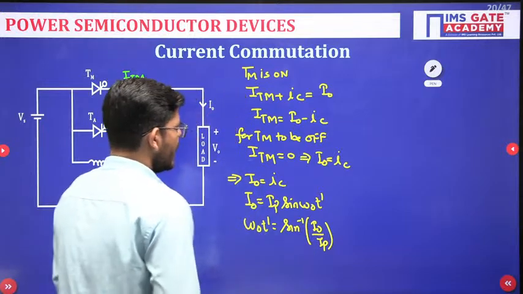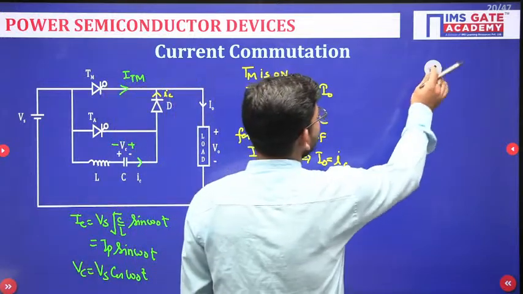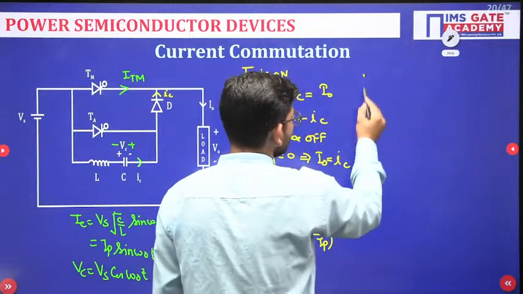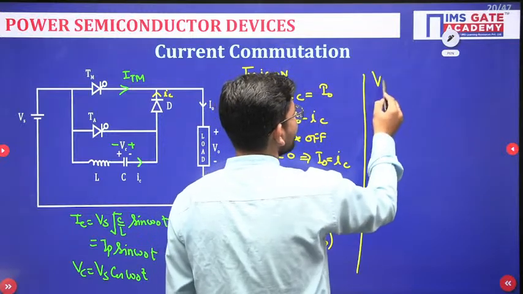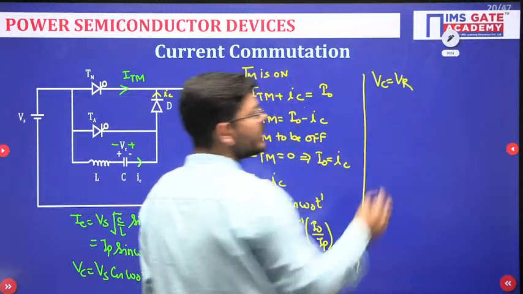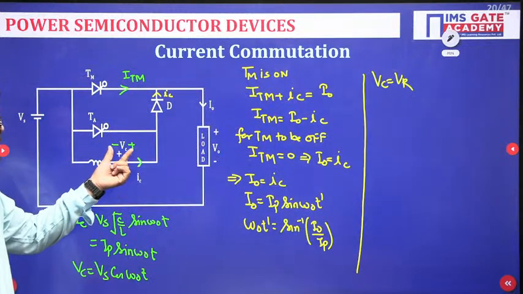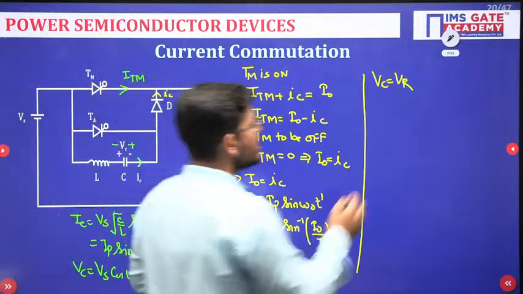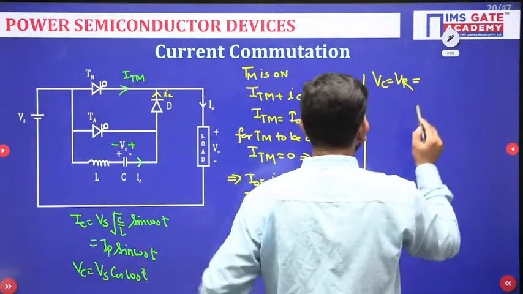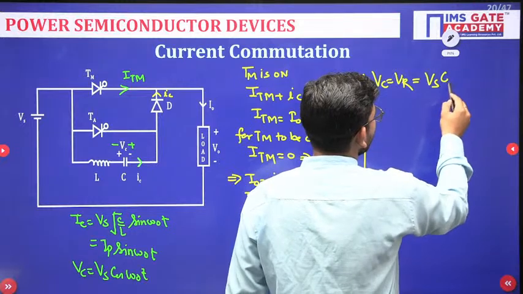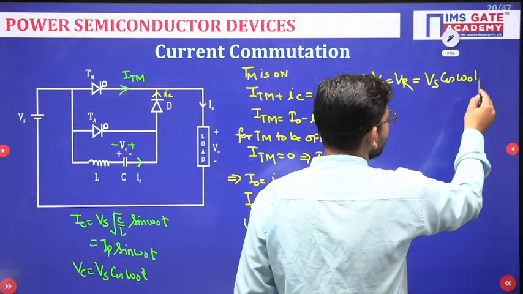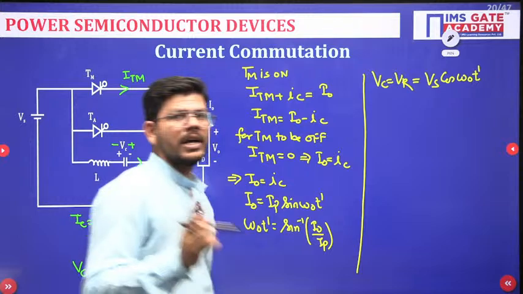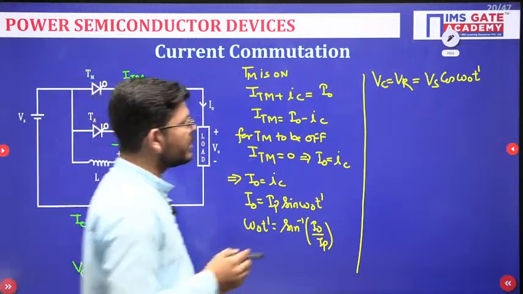And at that time, if we calculate the capacitor voltage, it will be acting as a reverse voltage, isn't it? It will have this polarity and it is acting as a reverse voltage across the thyristor, and we know how to write the capacitor voltage. This is Vs cos omega naught t, and right now the duration is omega naught T dash, which we have calculated from here.